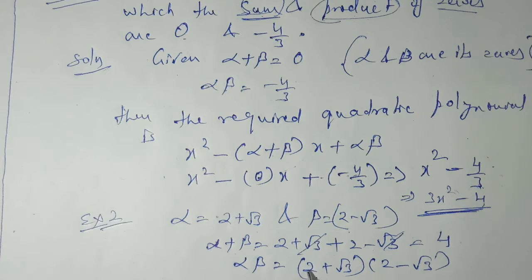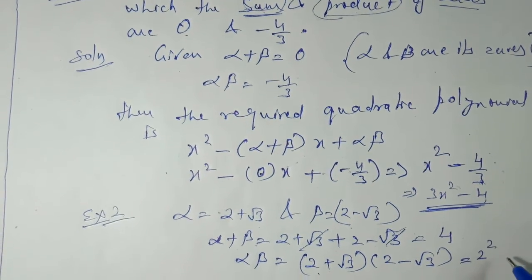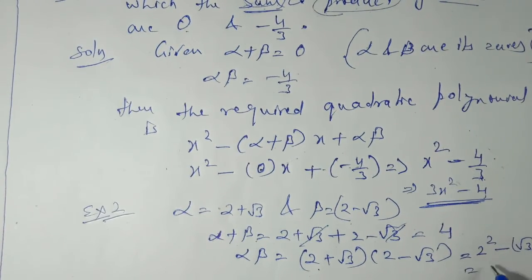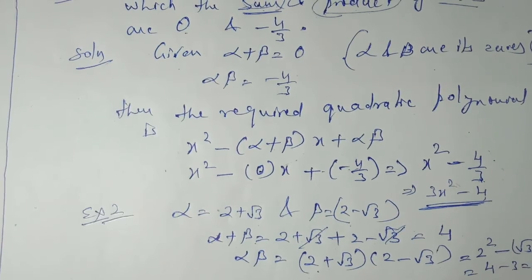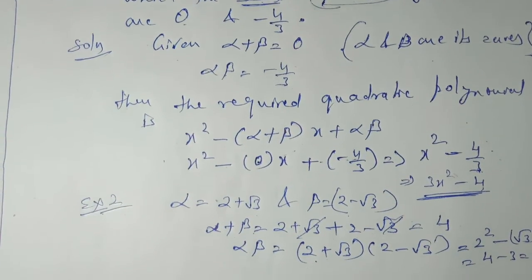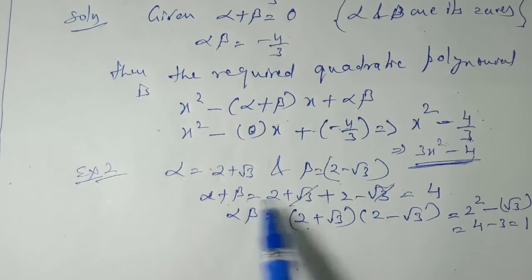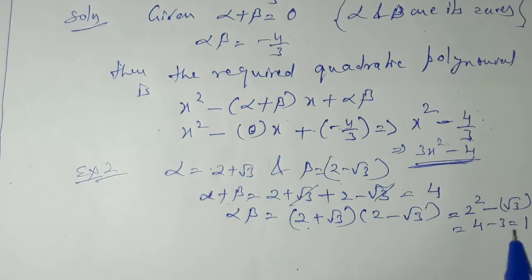Here we use the a plus b and a minus b identity. On the basis of it, it is changed into 2 square minus root 3 whole square. So it will be 4 minus 3 equal to 1. So here we have got the value of alpha plus beta as 4 and alpha into beta as 1.